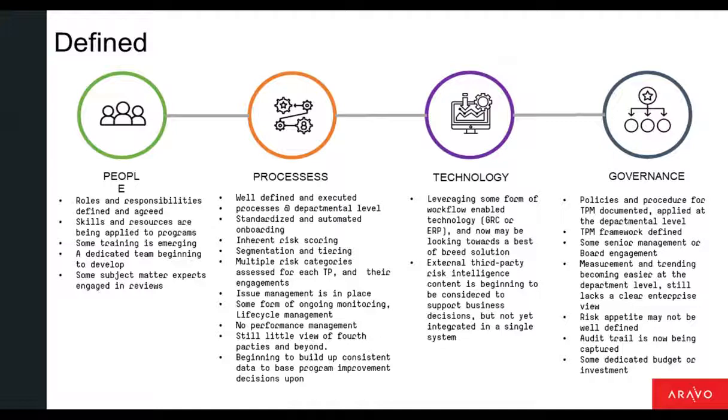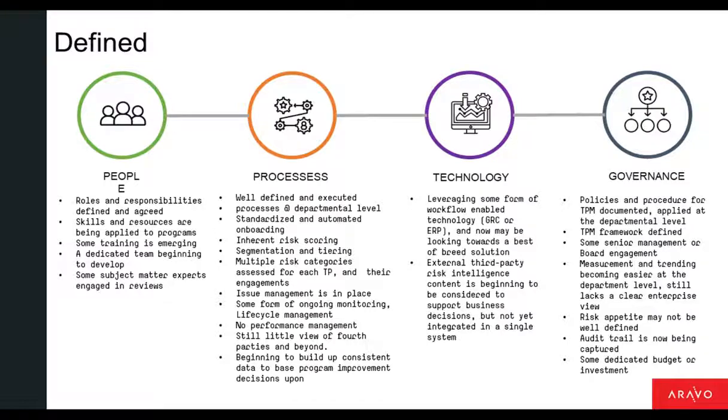Importantly, at this stage as well, we see organizations are really beginning to build up consistent data, and this is really important. Once you start to get some of that consistent data, you've got a basis in terms of program improvement decisions that you can work with.